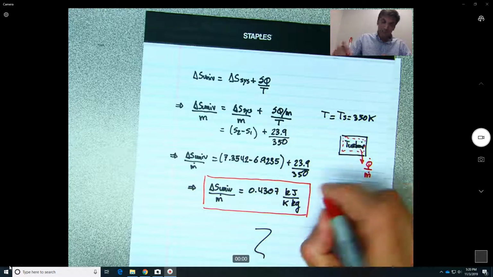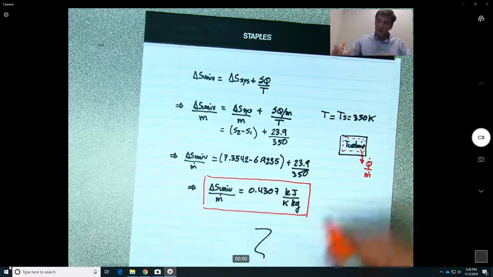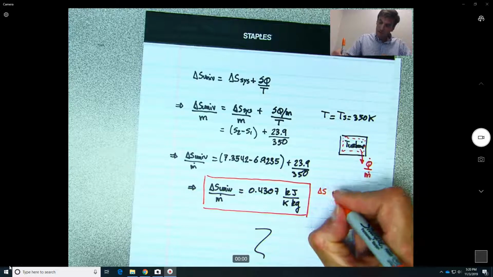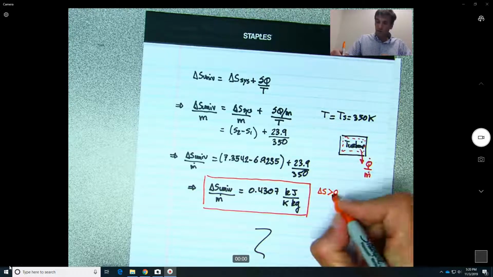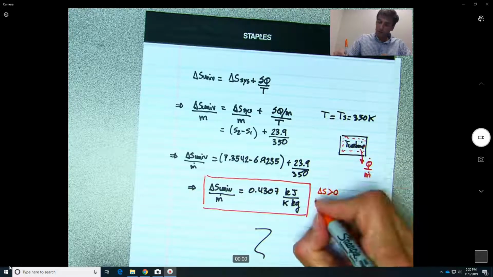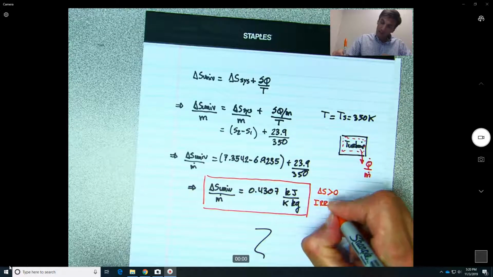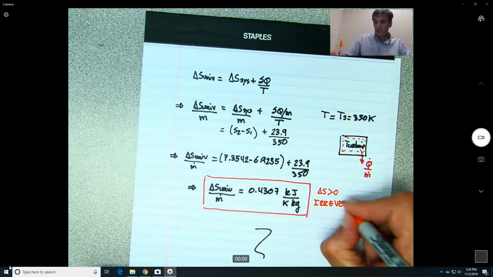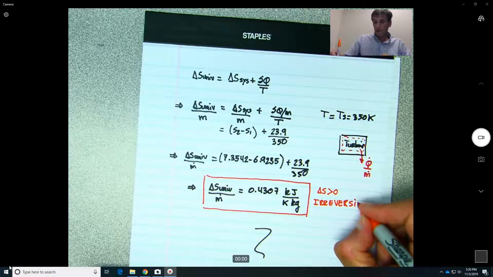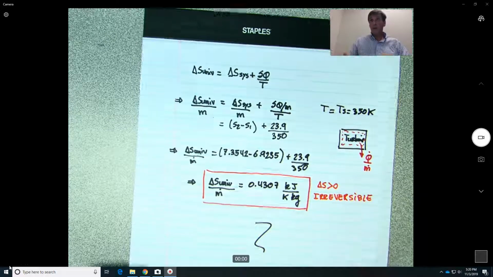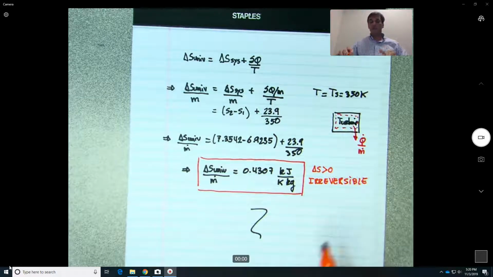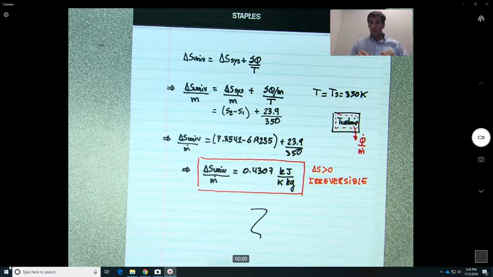So again, this is higher than 0, not equal to 0. So that means that this system is irreversible. And again, this 0.4307 is like a quantity of energy that is being wasted in this process over here.